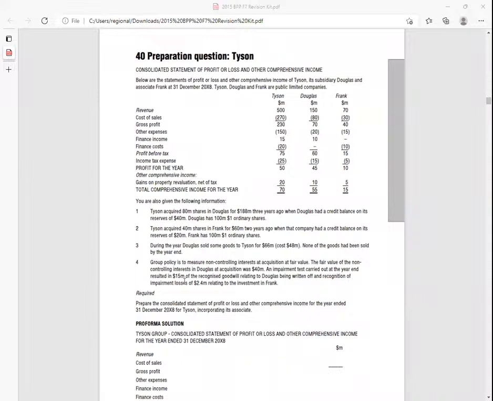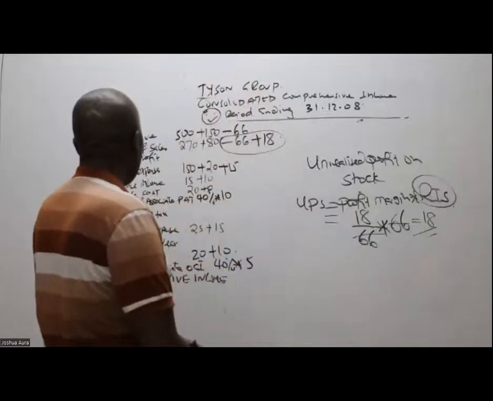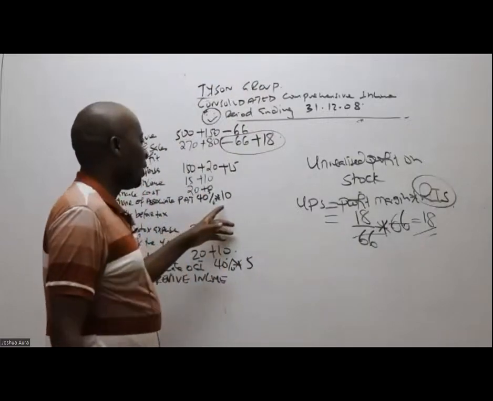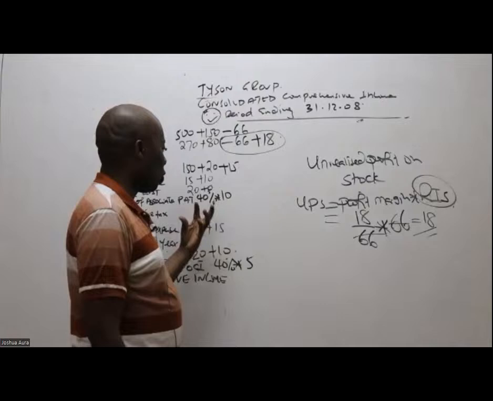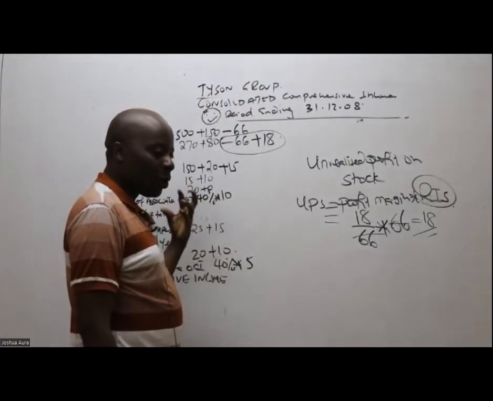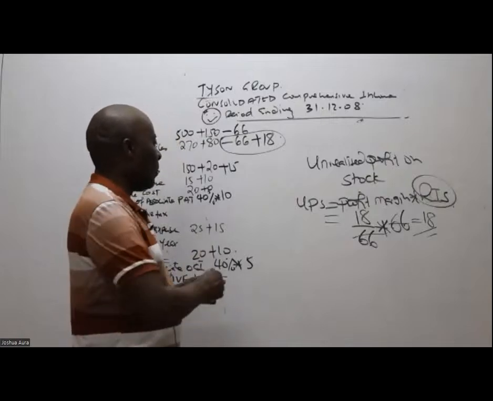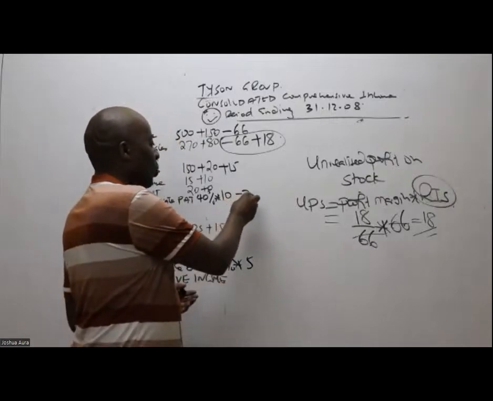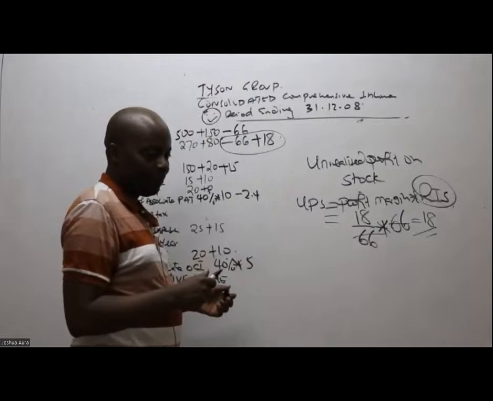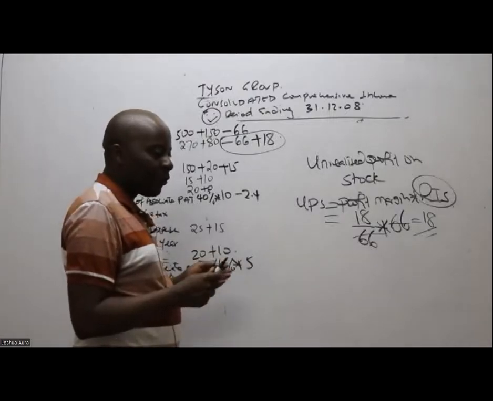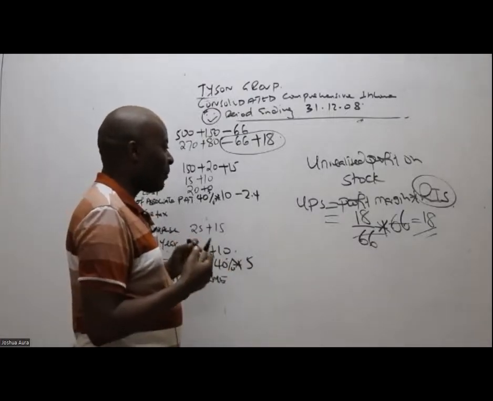Now, Mary, this 2.4 million is the one that relates to the associate. Remember the associate, we took the profit of the associate and took our share. And we are told that this investment in our associate has been impaired by 2.4. It's our investment that has been impaired by 2.4.